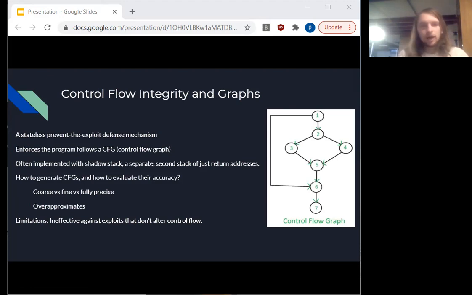Whenever the program is compiled, there's some procedure, some algorithm that's done to generate this kind of graph and be able to say at any particular point, at any particular node, in any particular function, these are the places where the program is allowed to go and nothing outside of that.